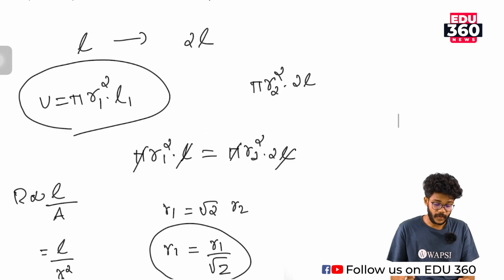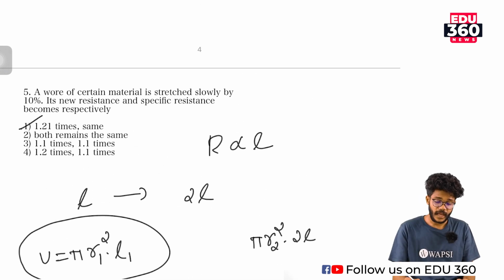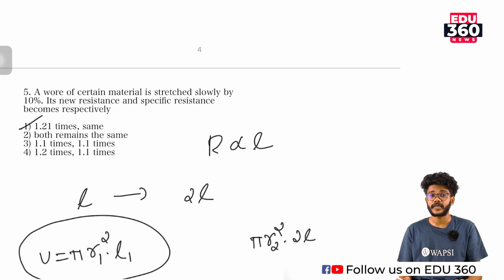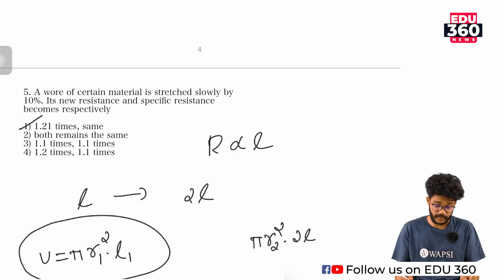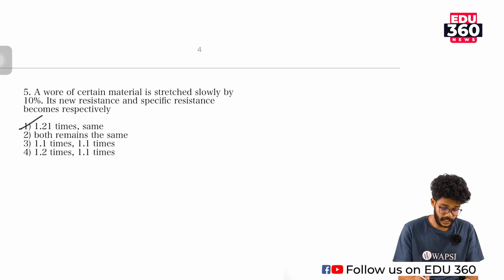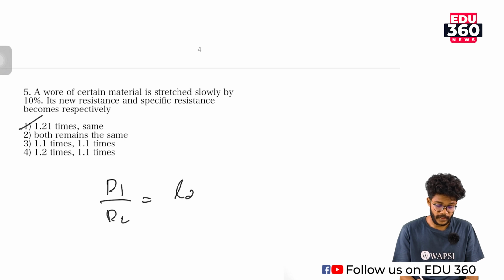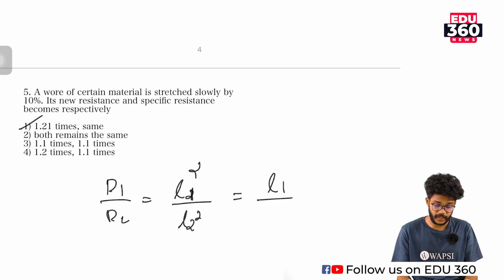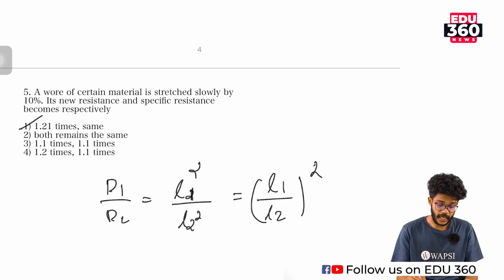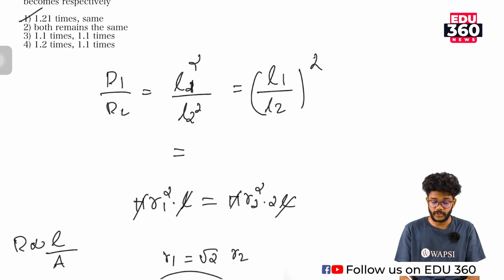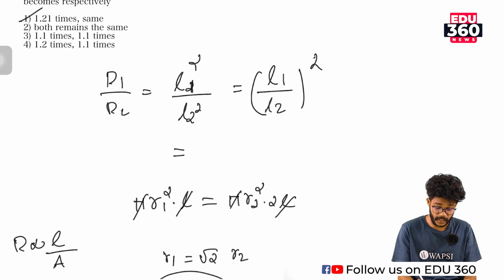So that's why we can say that R is proportional to L square in case of stretching. Then in case of stretching we can say that R1 by R2 is equal to L1 square by L2 square, which means L1 by L2 whole square. L2 is 110 centimeter, L1 is 100.